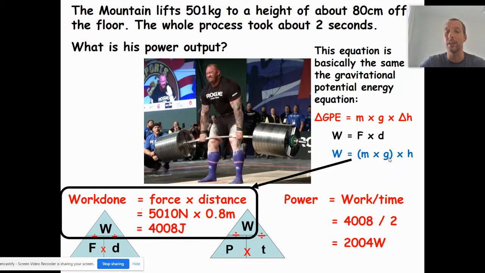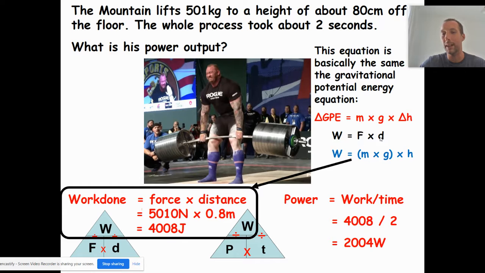something we did in the forces unit earlier. So if you have a 2 kilogram weight, you times it by g, which is 10, to give a force of 20 newtons. So in my brackets here, my mg, mass times gravitational field strength, that's the same as force. And the distance that you're lifting it is the same as the height.